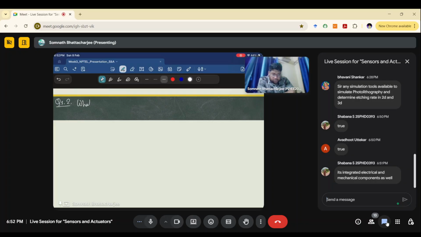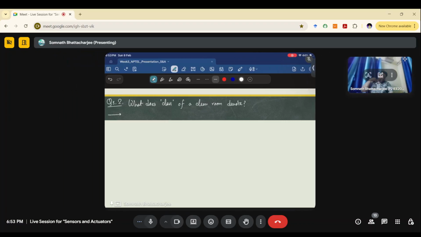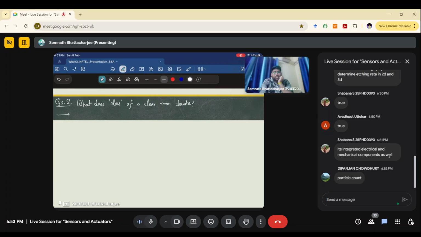What does the class of a clean room mean? What is a class 1 clean room, class 100, class 1000 and these things? What does the class of a clean room mean? Particle count? Not entirely correct. This is correct, but not entirely correct.